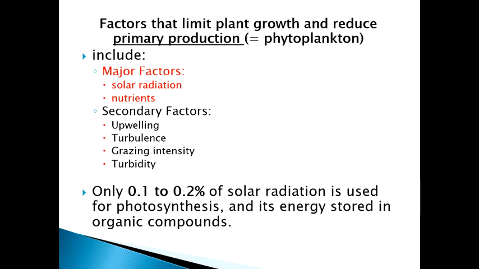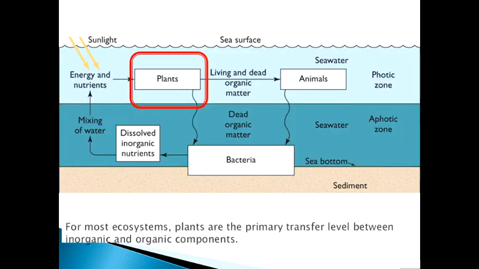But we're going to hit a couple of these other secondary factors like upwelling and then grazing intensity. And don't forget, even though we keep talking about energy and the sun, the actual transfer of energy from the sun to the plants is very, very small, less than 1%. You see it's very low there as they're using it to do photosynthesis.